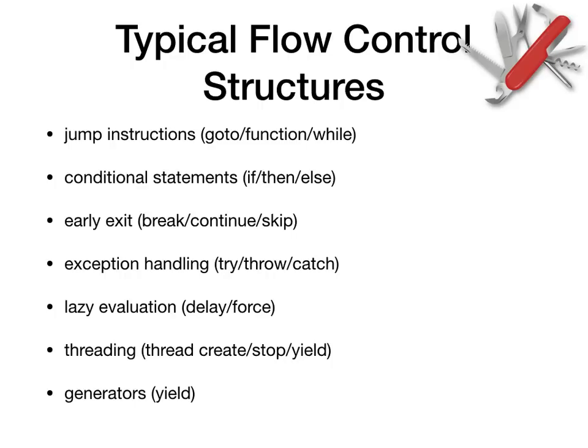All these things are changing where the code is going to execute next. There's exception handling, try, throw, catch, lazy evaluation, threading, generators, and there's still others. So anything that changes basically where your program is going to go next is a flow control structure. So that's kind of what we're going to be talking about.